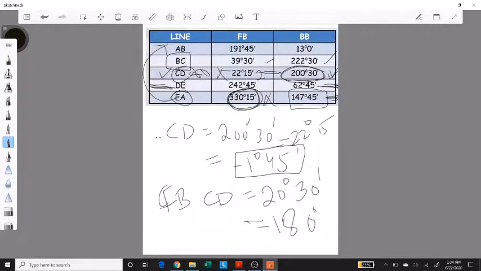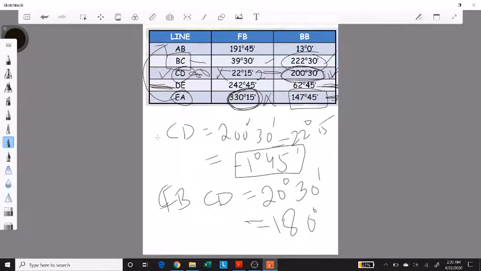That was the back bearing of the line. So the back bearing is 222 degrees 30 minutes, and the correction that we have to apply over here is negative 1 degree 45 minutes.